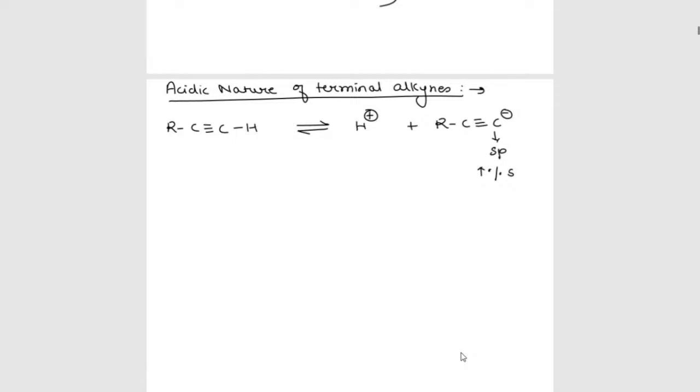So if it is having a high percentage s character, it is stabilized. It is relatively more stable as compared to usual carbanions, and therefore, please note, relatively to usual hydrocarbons, alkenes and alkynes, it makes this terminal alkyne acidic.